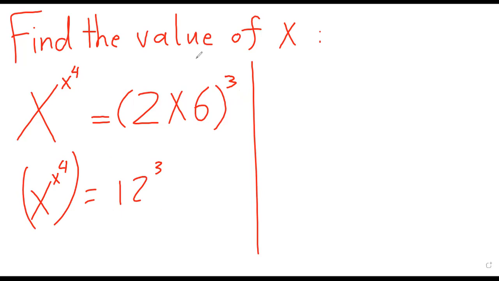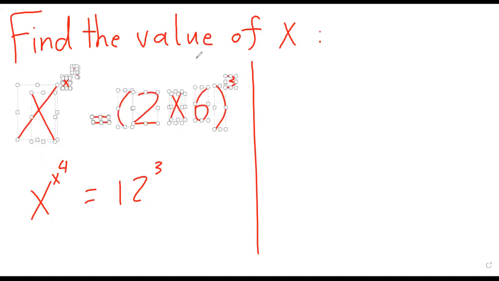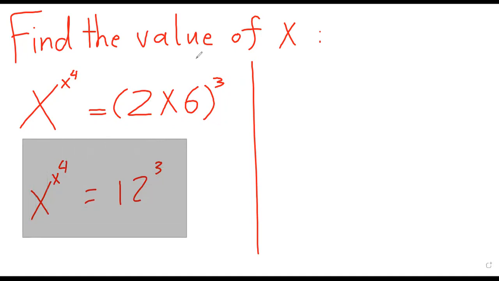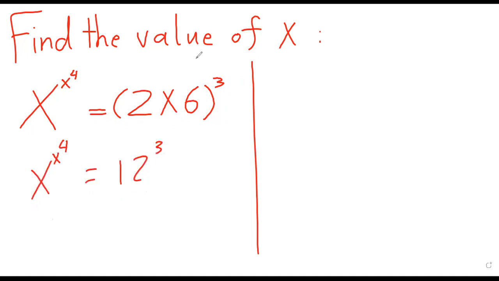So I'm going to raise the left side. Let's make it in another step. Let's make this smaller, and raise this a little. Now, x to the power of x to the power of 4 equals 12 to the power of 3.